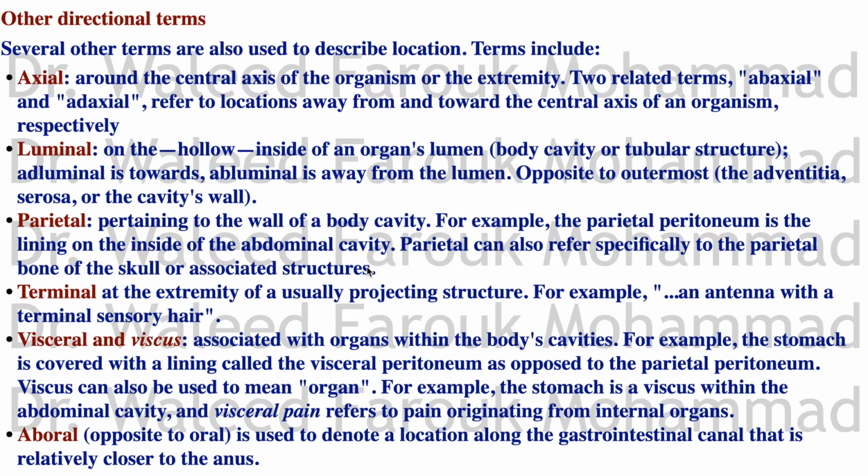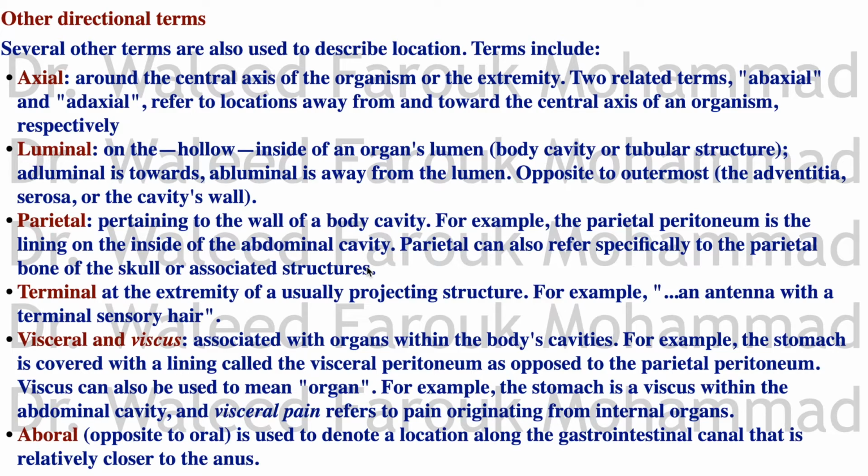Other directional terms. Axial means around the central axis of the body or the extremity. Luminal means in the lumen or the cavity of a hollow organ, for example in the lumen of the stomach or in the lumen of the intestine.